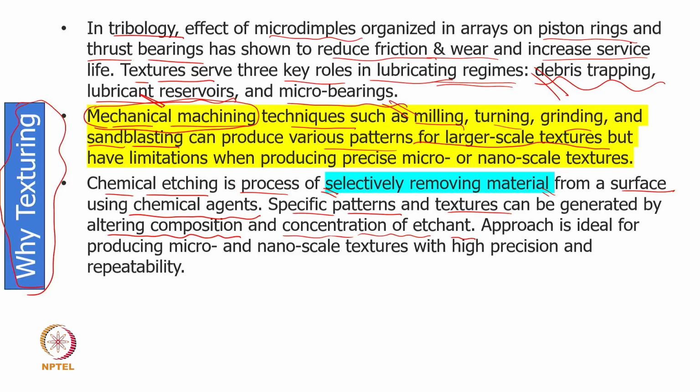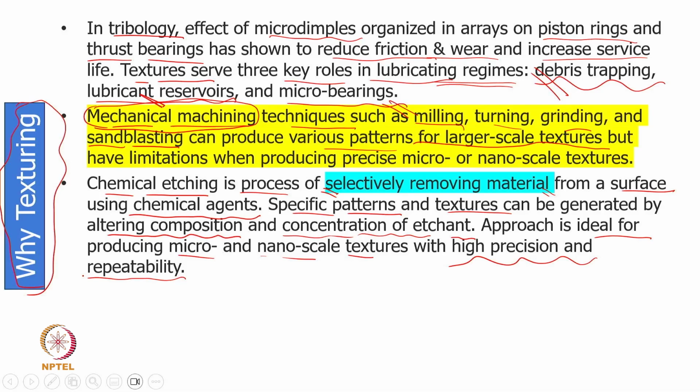If we are using an etching agent, the chemical composition and concentration can be changed, and in the process this also changes the chemical composition of the surface. So, this approach is ideal for producing micro and nano scale texture, and it can maintain high precision and repeatability.